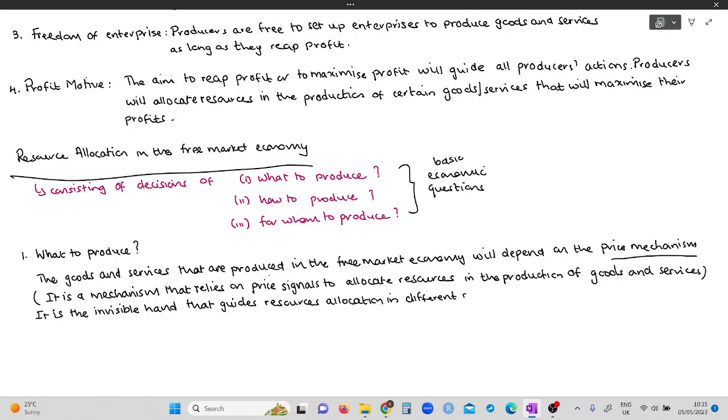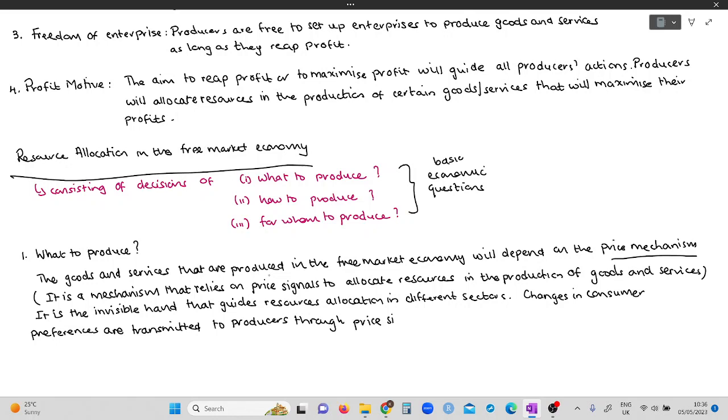In different sectors. D'accord? Donc, c'est ça qui guide les producers. Ensuite, il y en a aussi: changes in consumer preferences are transmitted to producers through the price signals.